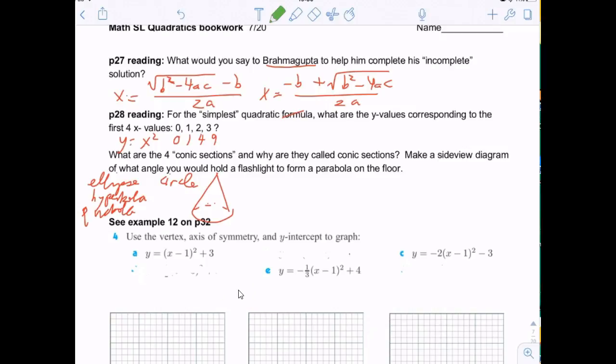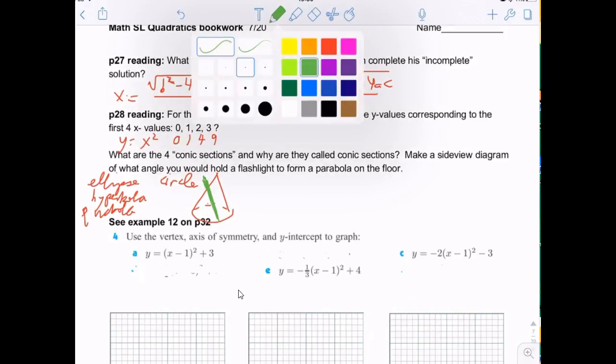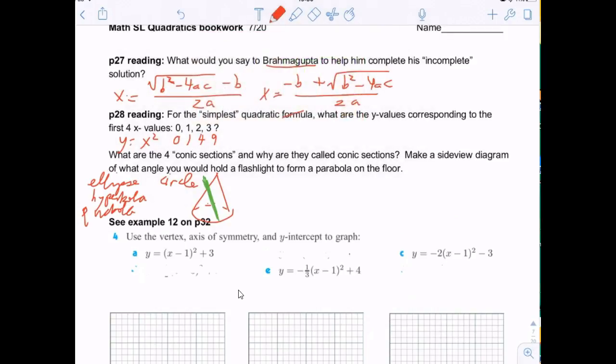So let's say I want to find the quadratic. The way I would find the quadratic is I would cut it parallel to one of the sides of the cone, like that. If I wanted to shine a flashlight on the floor and get an image of a parabola, I would hold the flashlight aimed down so that the top of the cone of the light was parallel to the floor.